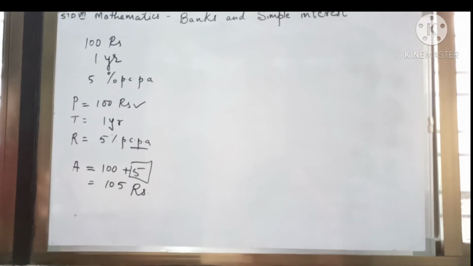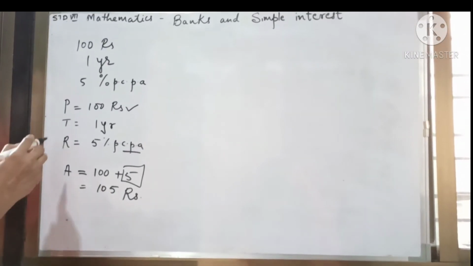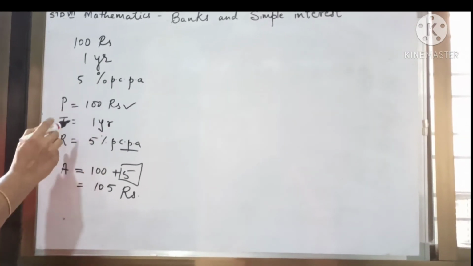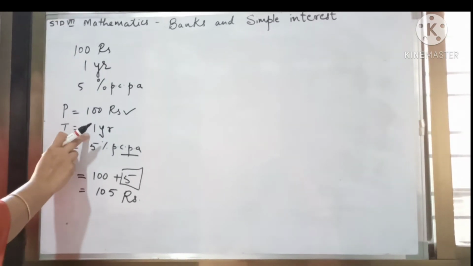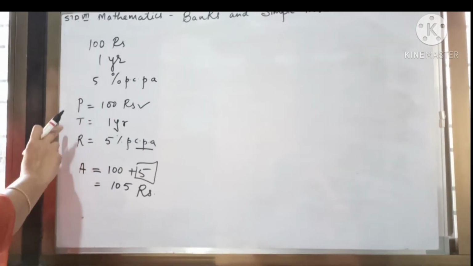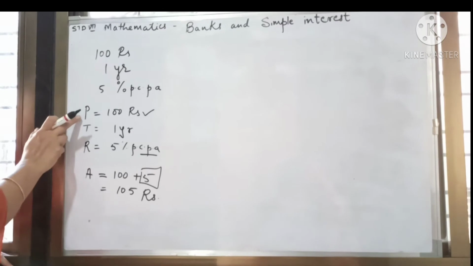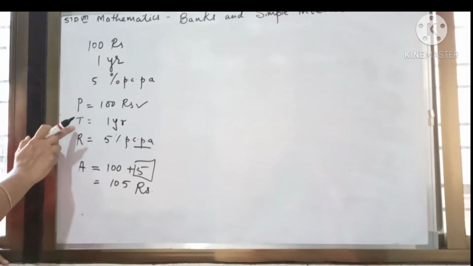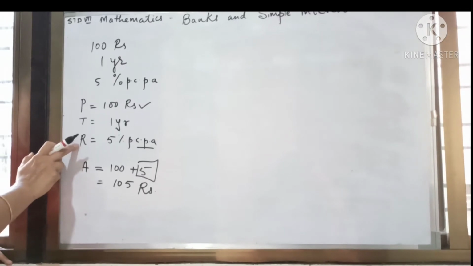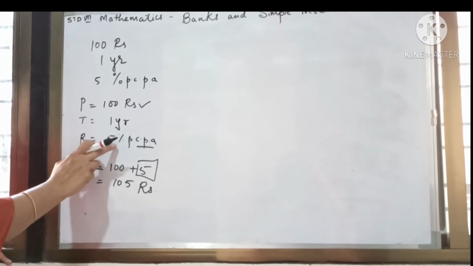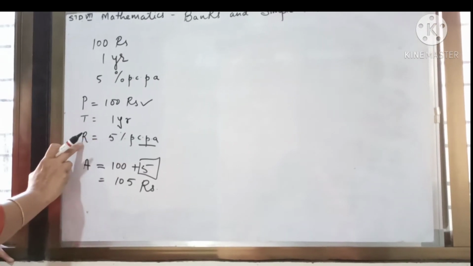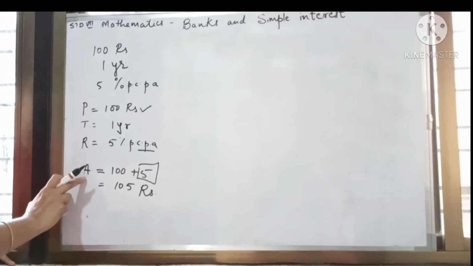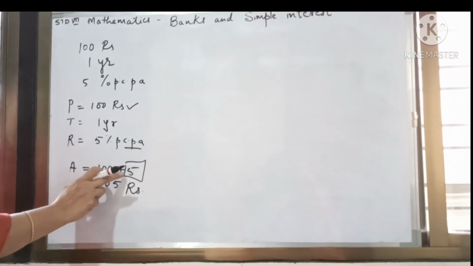So from this you might have understood what is rate of interest, then the period and the principal. So principal is denoted by P, the period or time is denoted by T, the rate of interest, calculated in percentage, is denoted by R. Amount is principal plus interest.